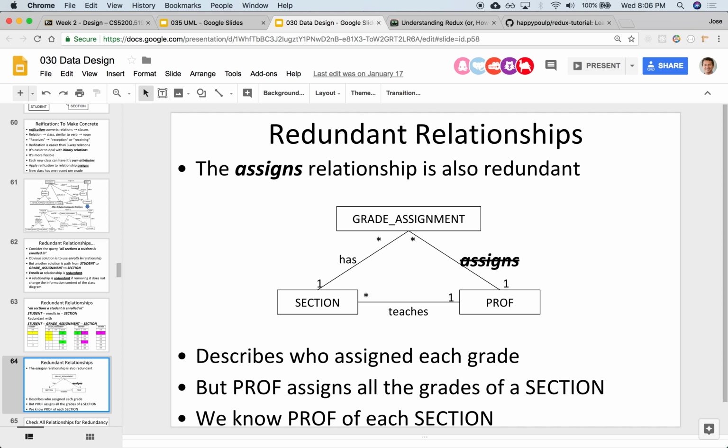You can't have one professor teaching it, but another professor assigning the grade. It makes no sense. So it's enough to go this way to determine who the professor is that assigned the grade. It could only be the person who is assigned to the section who is the same one who assigned the grade. There's no point in pointing to the professor going this way. So we remove the assigns relationship there.